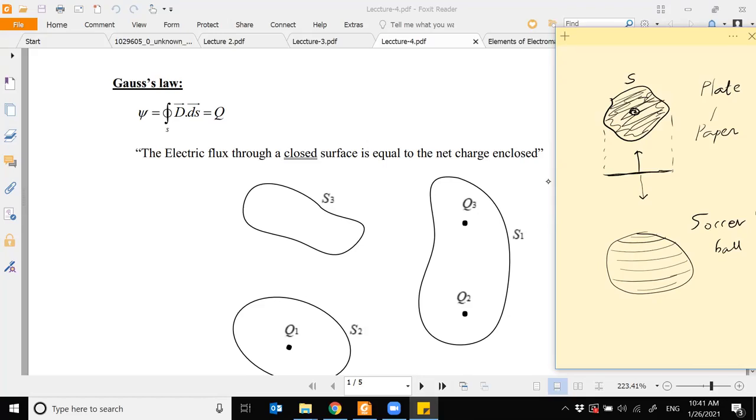And for the closed surface, the normal to that closed surface will always point outwards. Always outwards. No inwards. In an open surface we cannot define what is outward and what is inward, so it can go here and here. But here, since it's a closed surface, it will always point outwards.